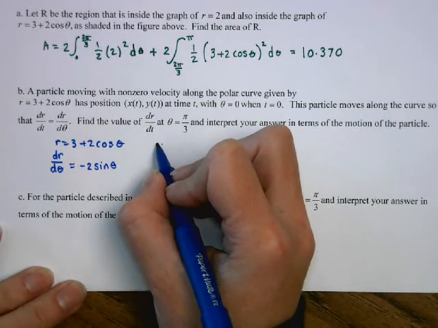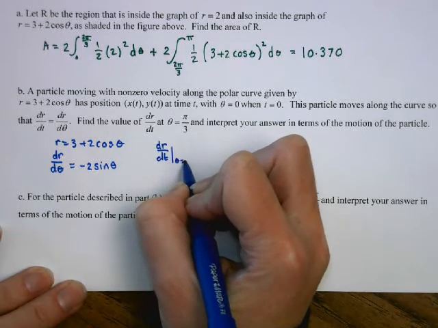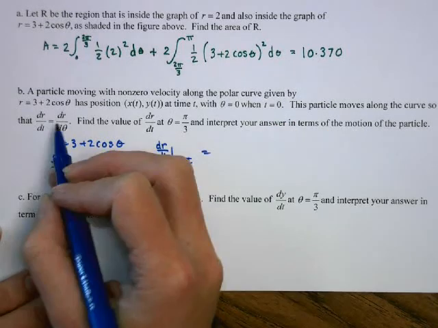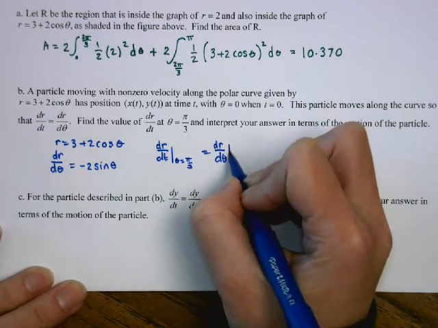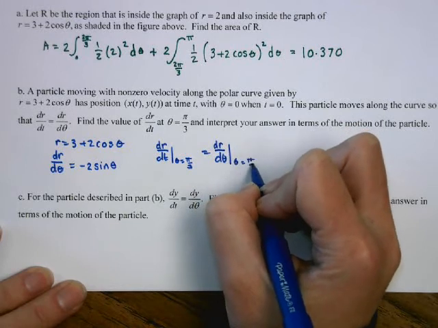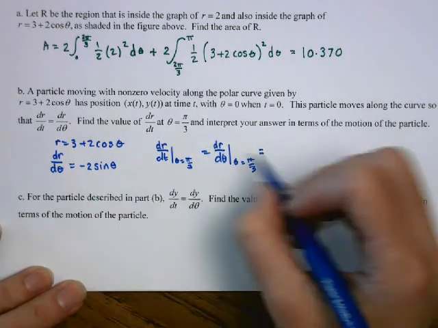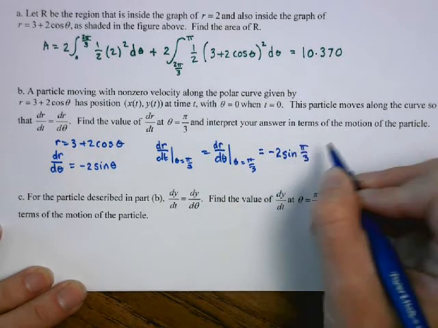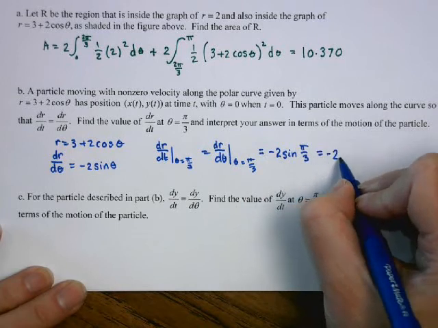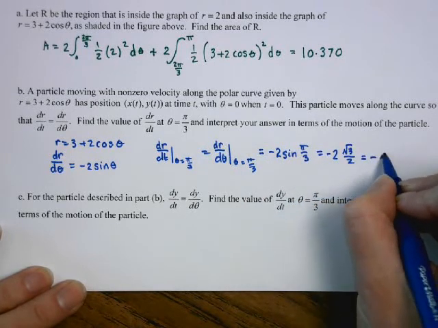So we're trying to find dr/dt at theta equals pi over 3, which we are told is equal to dr/d theta when theta equals pi over 3. You don't have to write all this, I'm just emphasizing. So this is going to be -2 sine pi over 3, which is root 3 over 2, gives us a -√3.